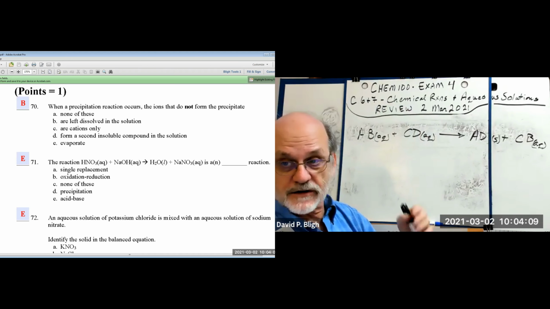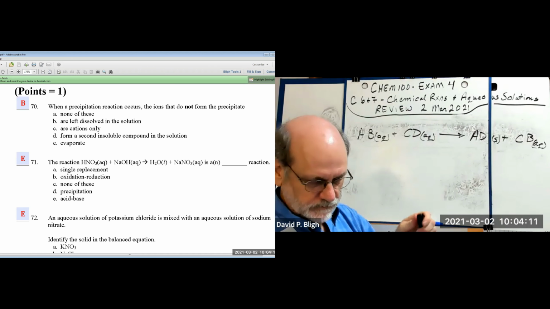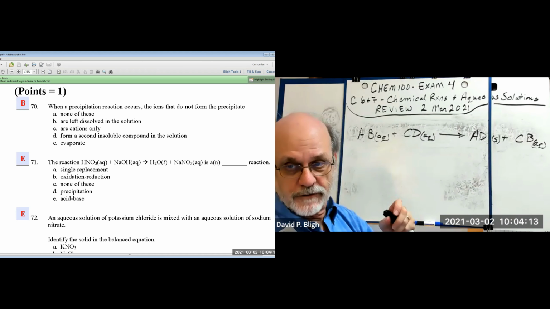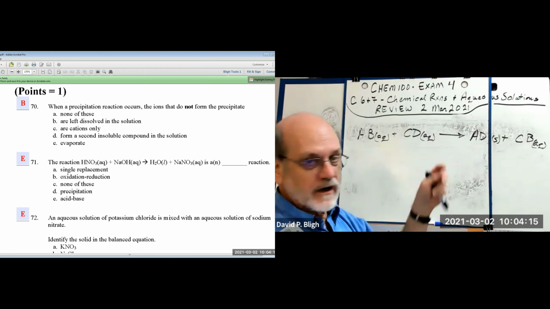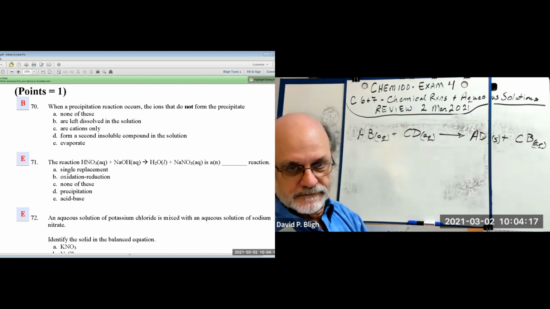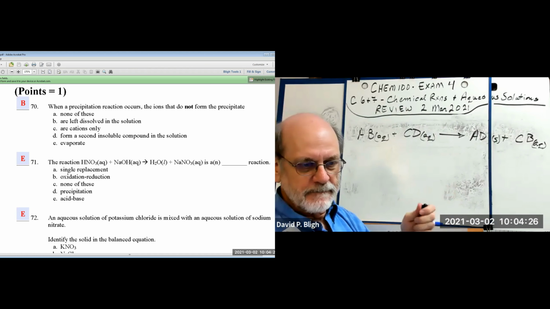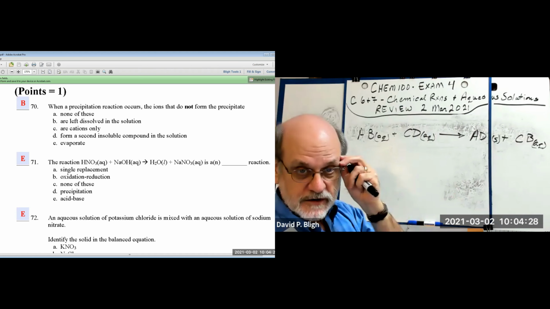In other words, light doesn't shine through it. And if you wait long enough, the solid that's formed here will settle out. And then the solution that's left over, you can see through it. It might be colored. Usually it's clear, but it might be colored. But you can still see through it. It's a bona fide solution.